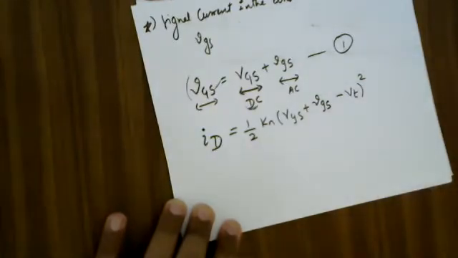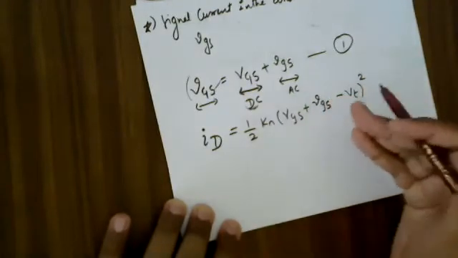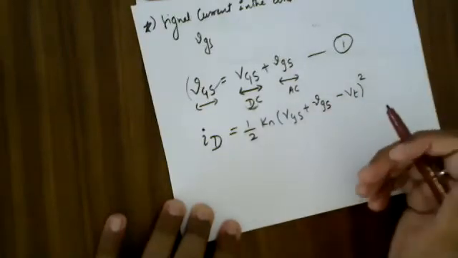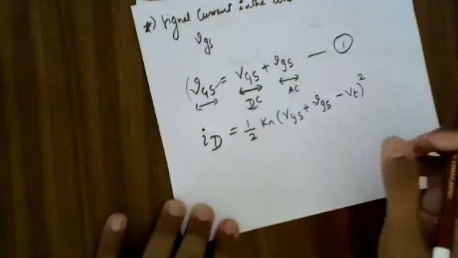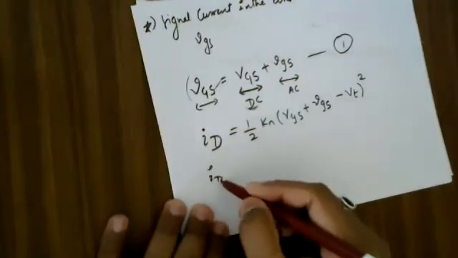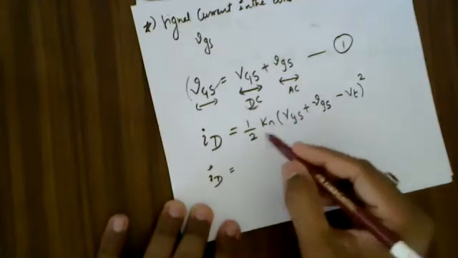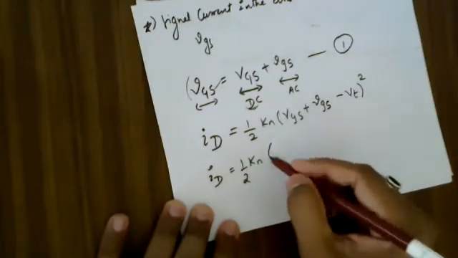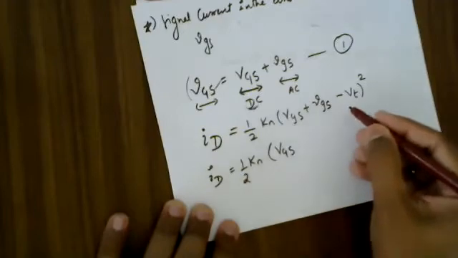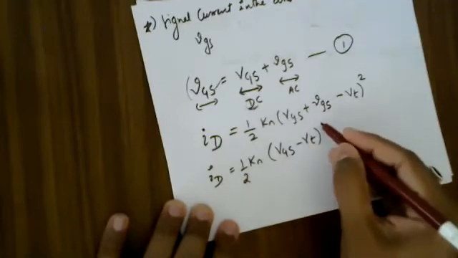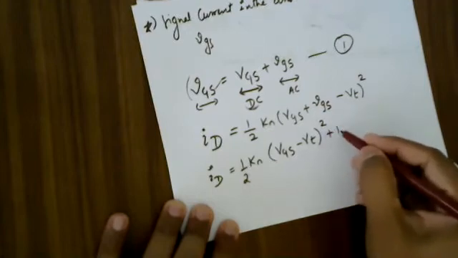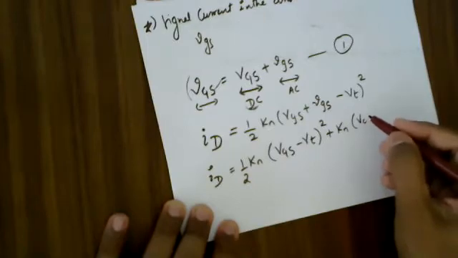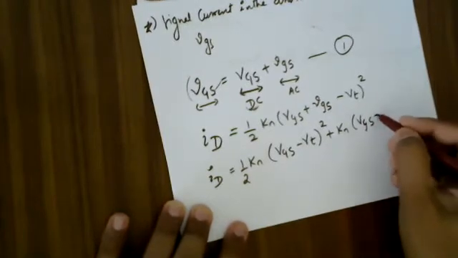Am I right? Now, once I write this term, I'm going to expand it. In the previous case also you have done it. Given a term, we can expand it using the expansion series. Then I can simply write this equation as ID is equal to 1 by 2 times Kn into this DC term (VGS minus VT) whole square, plus Kn (VGS minus VT) whole square into vgs, where VGS is once again the DC term.